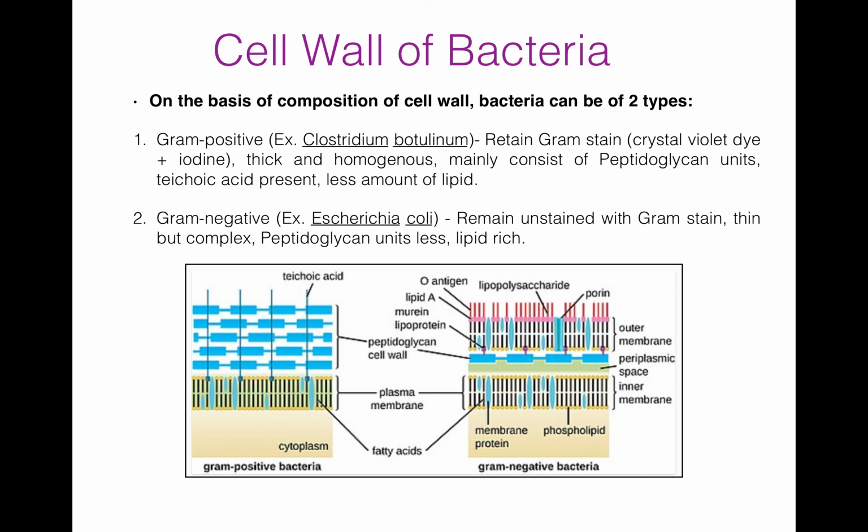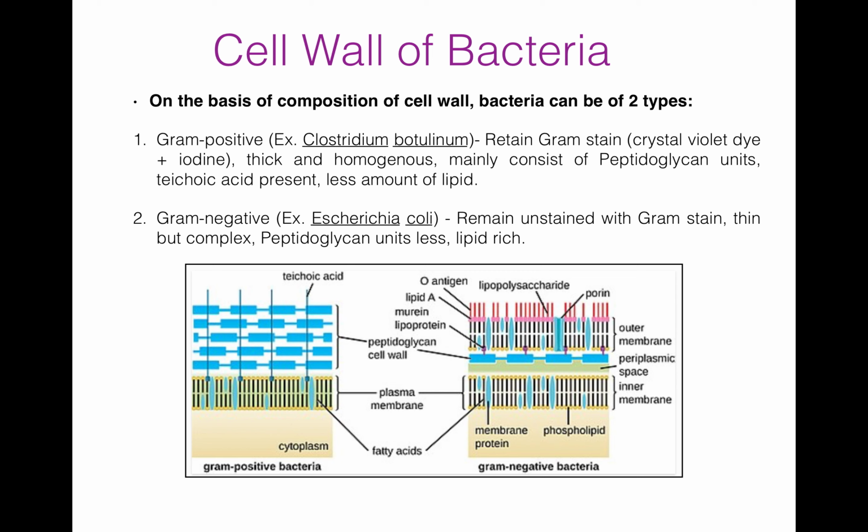Besides peptidoglycan units, the other main component of the gram-positive cell wall is teichoic acid. Teichoic acid may be attached directly to the peptidoglycan or to the phospholipid units of the plasma membrane. The amount of lipid in the gram-positive cell wall is very less.